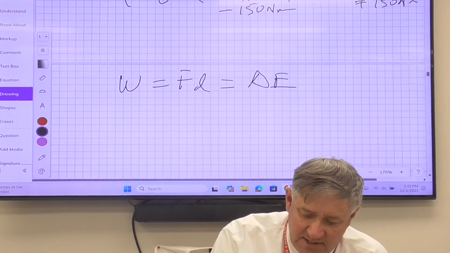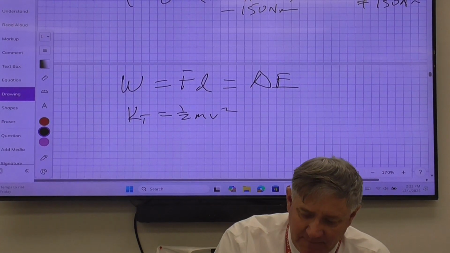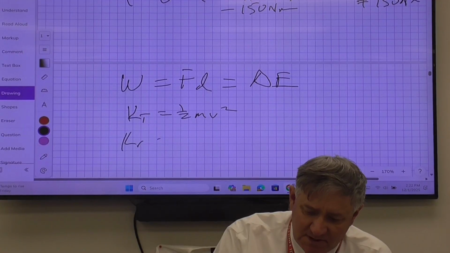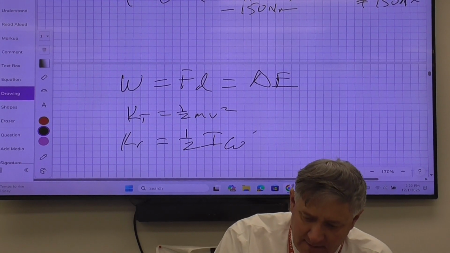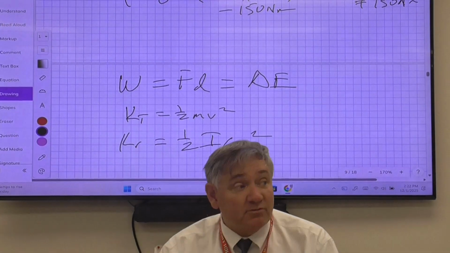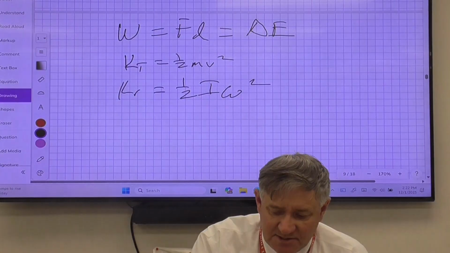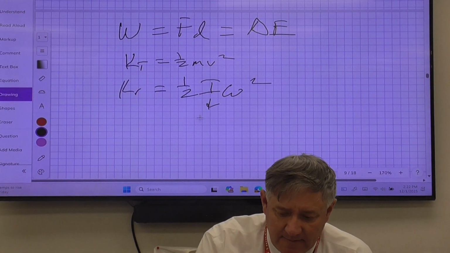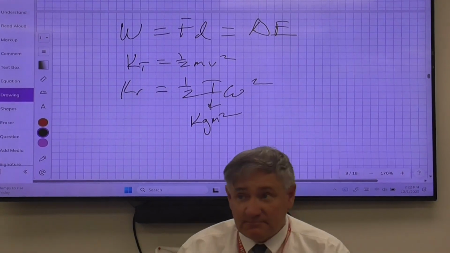Now, you all are used to dealing with KE, which is 1/2 mv squared. You can also have rotational kinetic energy, which is 1/2 I omega squared. Old school, what does I represent? Moment of inertia, measured in units of kilograms meters squared, right?